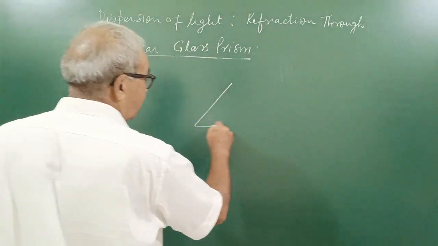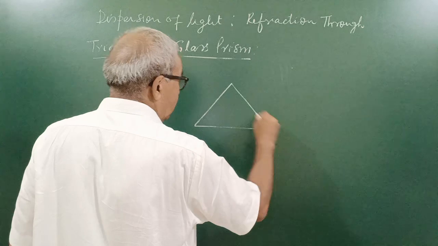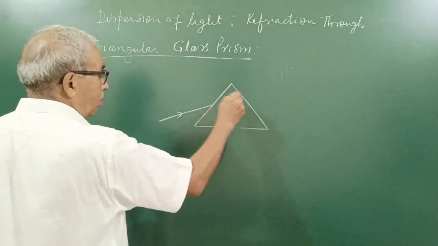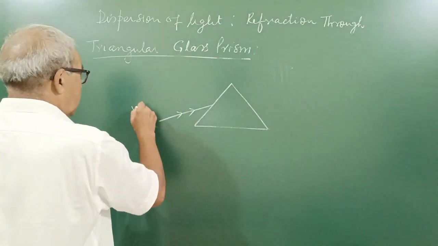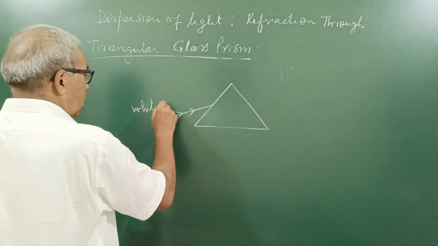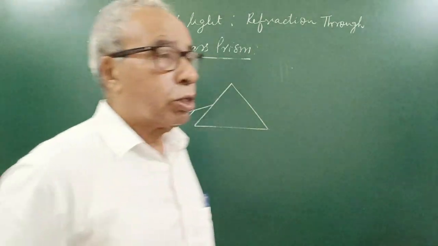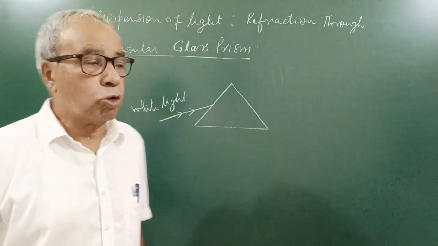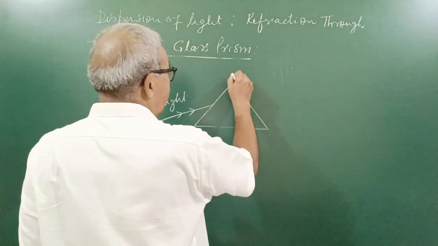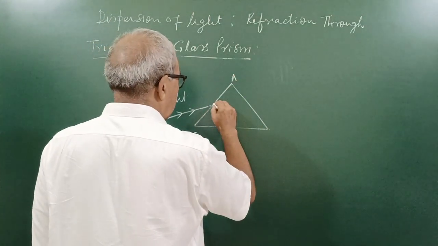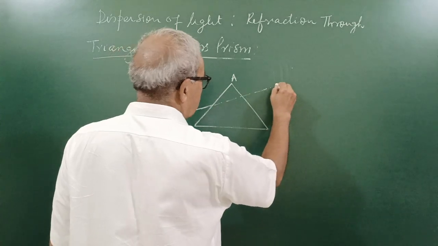Suppose it is a glass prism ABC, and here a parallel beam of white light. It is white light. If the prism had not been there, the ray would have gone straight like this.